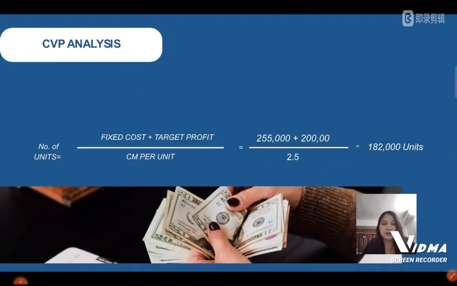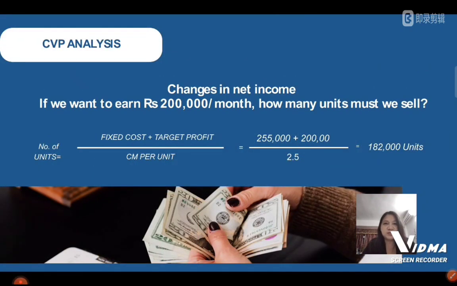The third component is the changes in net income, also referred to as what-if analysis. This is to estimate how net income will change with the changes in the sales behavior. For example, if we want to earn a profit of at least 200,000 rupees, how many units should we sell?